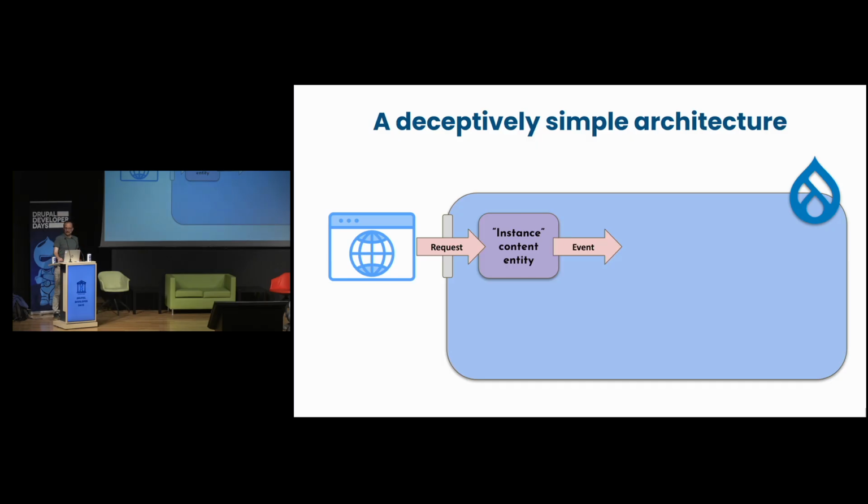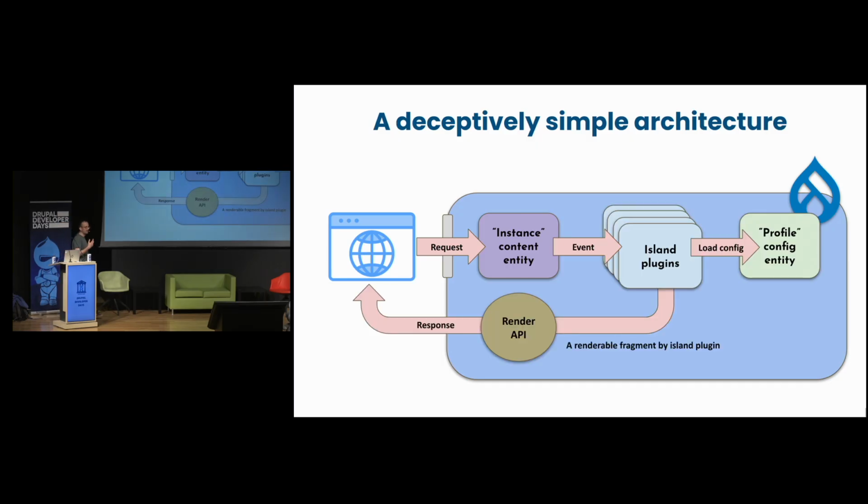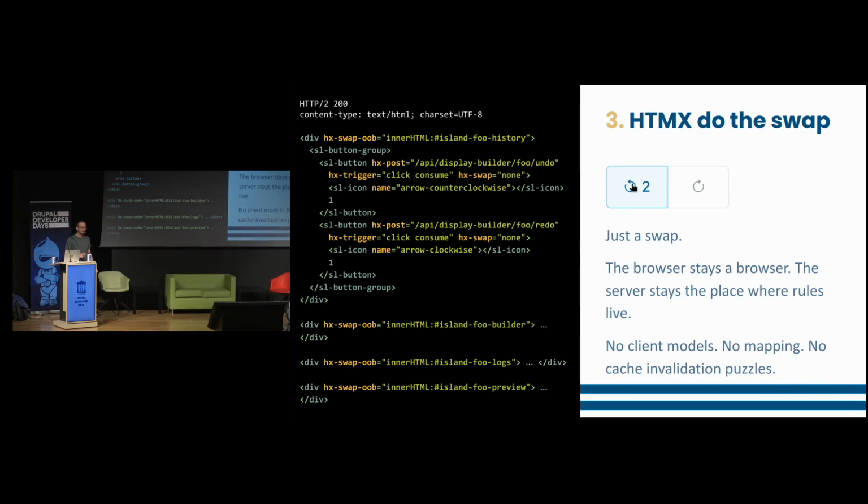We alter the state, trigger an event, and now we are returning a renderable fragment. We send this to the good old render API, the renderer service, no surprise, no crazy stuff, and the response is updating the browser. This response is also very simple.